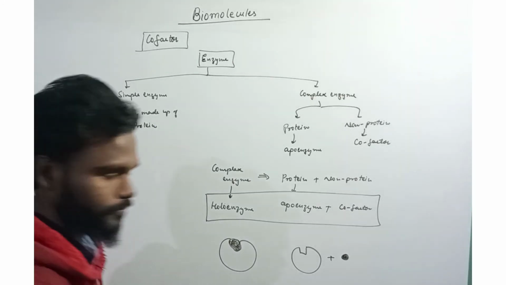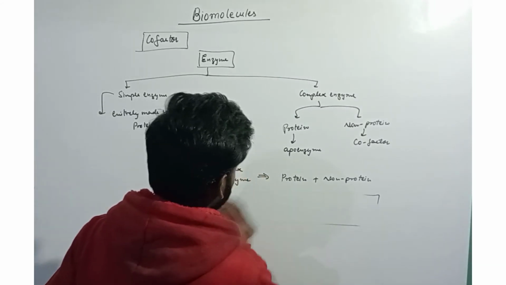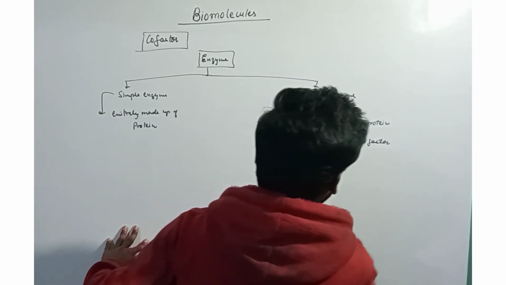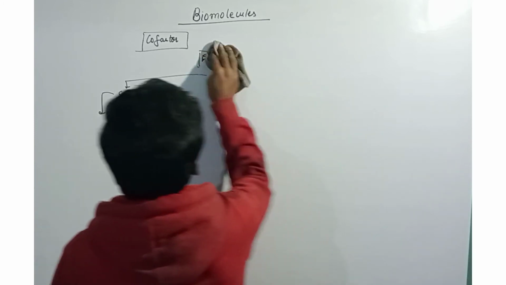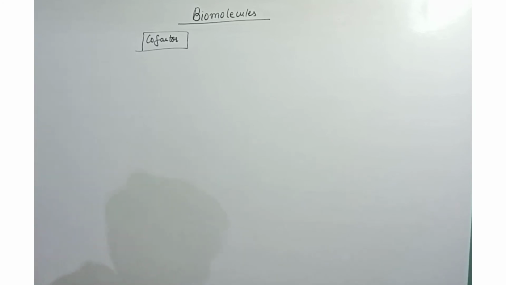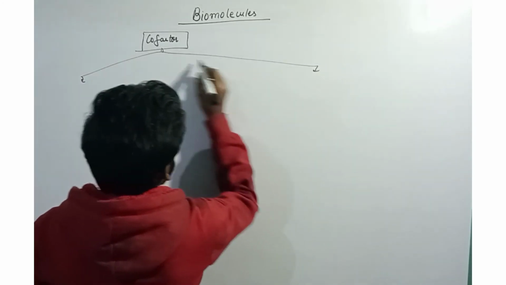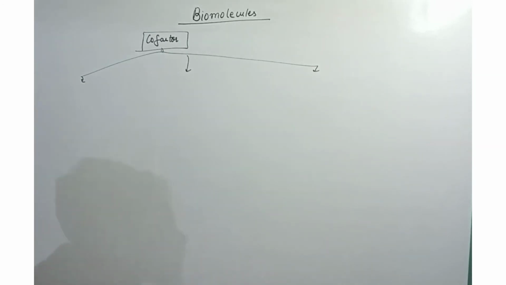So let's see the cofactor. Now what are the cofactors? The cofactor is divided into three categories. Three different types of cofactor are found.